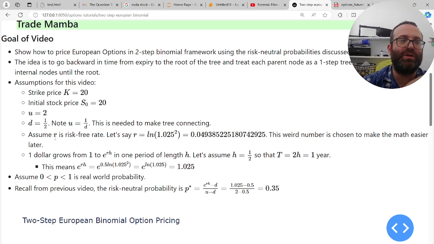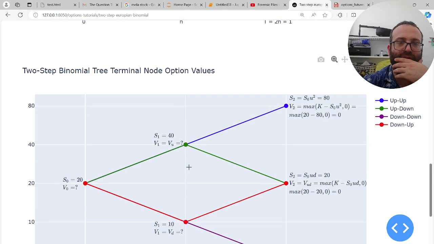If this is the risk-free rate, then $1 grows from 1 to e to the rh in one period of length h. So if h is a half year, it'll grow to e to the 1/2 times r, which is ln 1.025 squared, and you can simplify this into just 1.025. Okay, so these are the parameters, the variables we have.